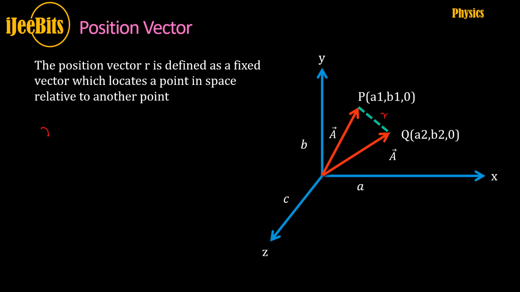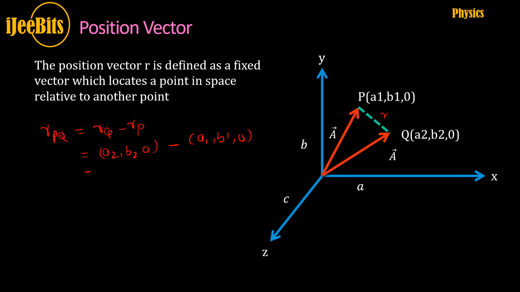Let's say the position vector R, P to Q. If I say that, then how do you represent it? RQ minus RP would be your position vector. What is RQ? A2 B2 0 minus A1 B1 0.